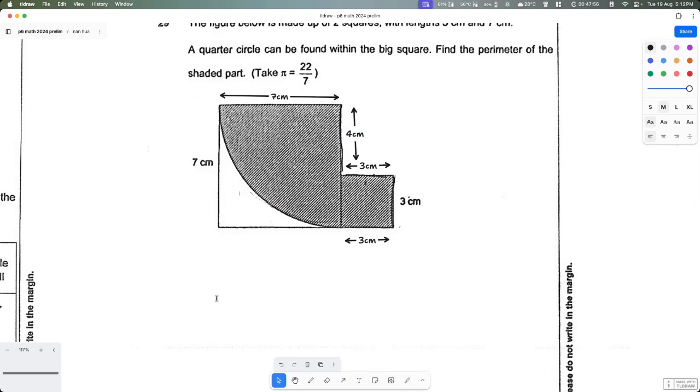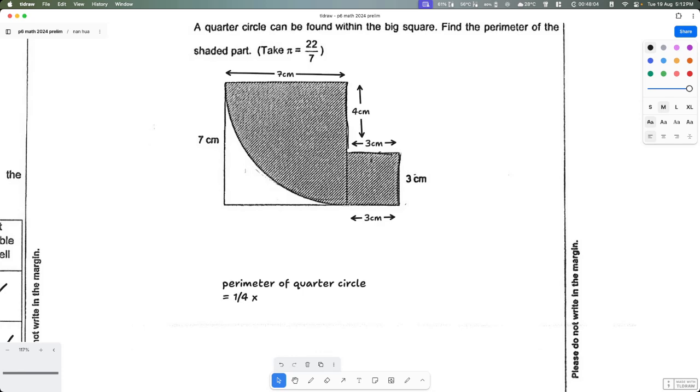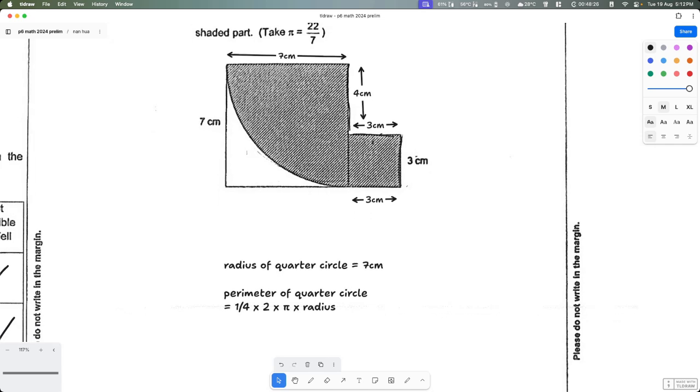Quadrant, right? Quarter circle. So the perimeter of the quarter circle is equal to 1/4 times the perimeter formula, 2 pi r, 2 times pi times radius. The radius of the quarter circle is equal to 7 centimeters.